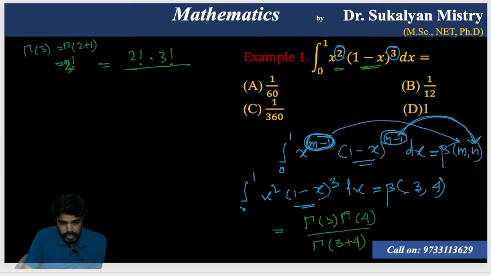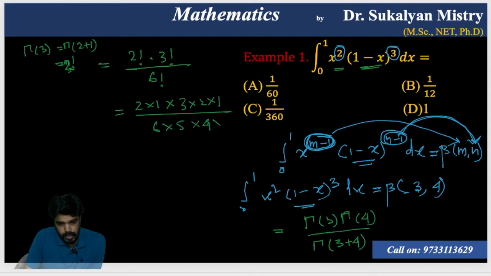So, factorial 2 means 2 into 1, and factorial 3 means 3 into 2 into 1, divided by factorial 6, that is 6 into 5 into 4 into 3 into 2 into 1.